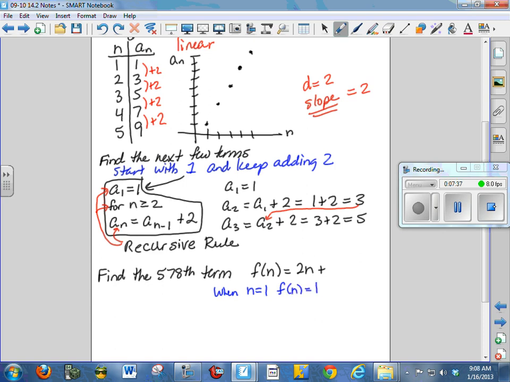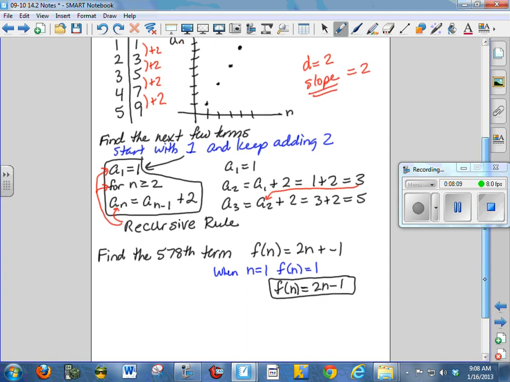So if I put 1 in for n, then my y-intercept would have to be -1. So in other words, f of n is equal to 2n minus 1. And that makes sense, because if we went 2 backwards, say n was 0, we would see a sub n as -1. It should also work for any term in the sequence. So if I plug in 5, I should get 9, for example.